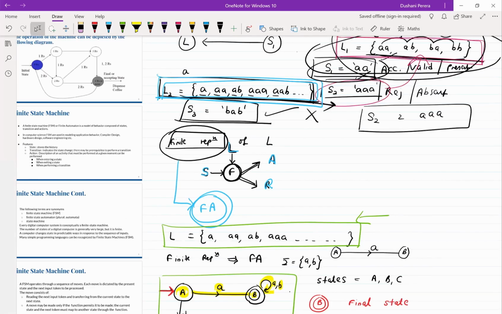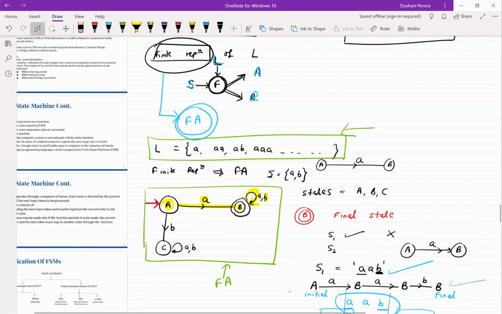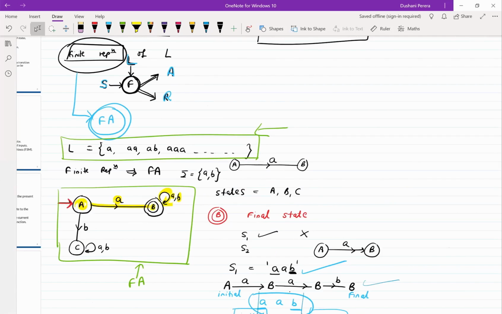In those cases, we have to come up with a finite representation of the language to check the acceptability of a particular string in a particular language. So we said that we need a finite representation so that, given a language and a string, we can say that the string is accepted or rejected by the finite automata or the language.